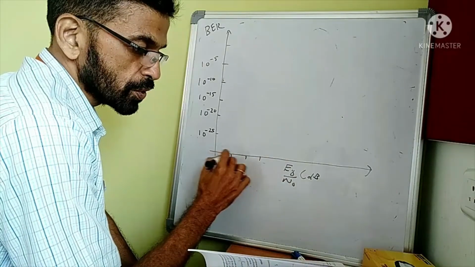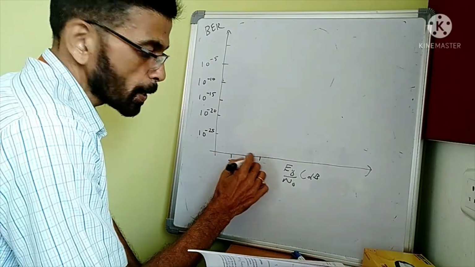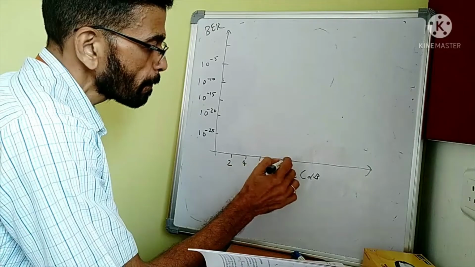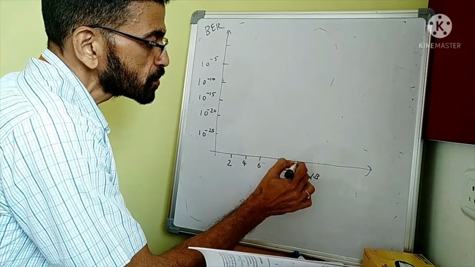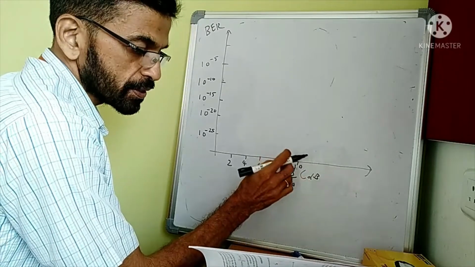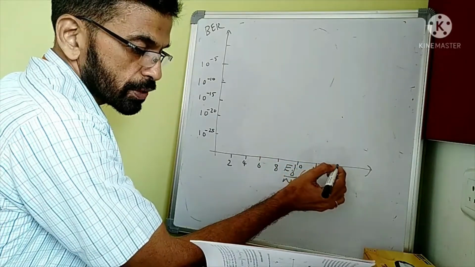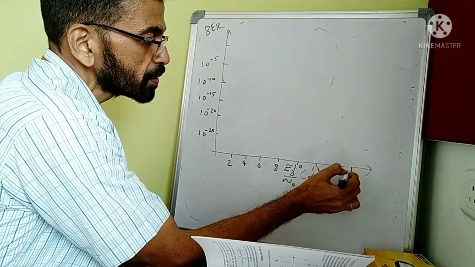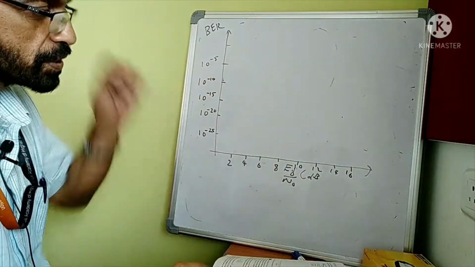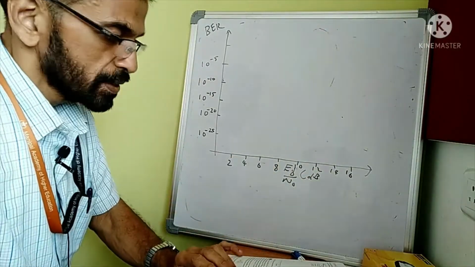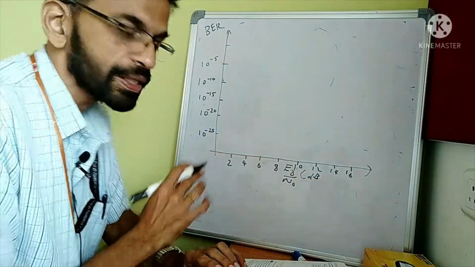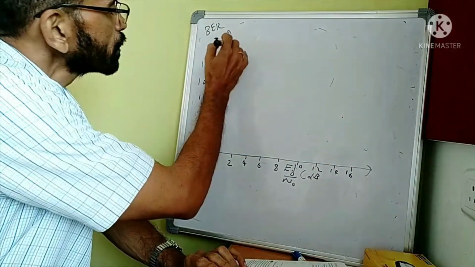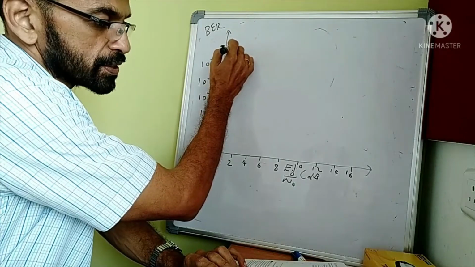So this is 2, 4, 6, 8. So this is in dB, 10, 12, 14, 16, say something like this. And the figure would be roughly like this. You will get a variation like this.